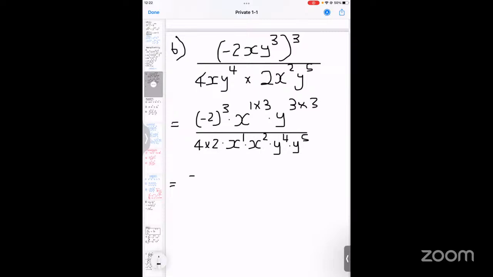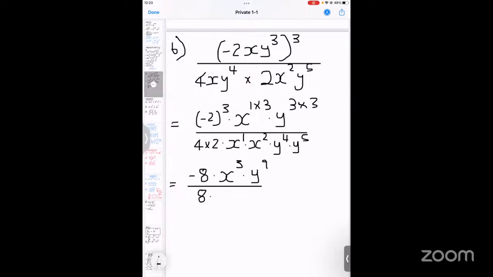You punched it on a calculator, no? Yes. Okay. And then we are going to have x to the 1 times 3, which is 3. And then we have y to the 3 times 3, which is 9. And then the whole of this is being divided by, obviously, 4 times 2, that is 8.